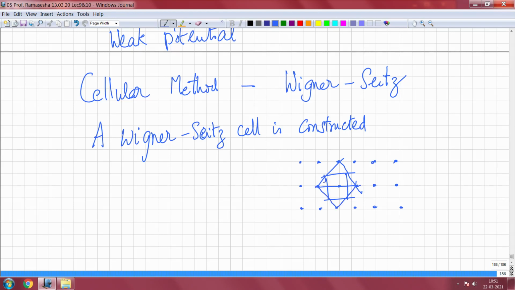So, this is in 2 dimensions, this is how you do it, and in 3 dimensions it is a little more complicated, but it can be done.